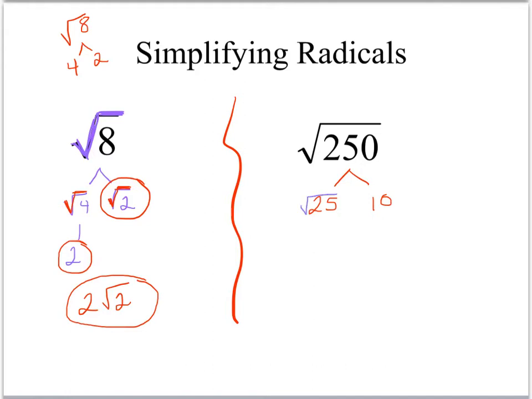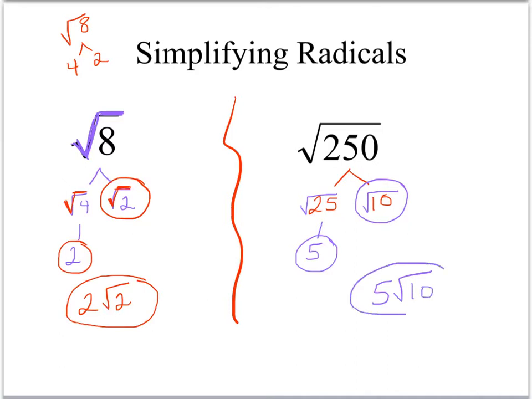Root 25 times root 10 is root 250. So the square root of 25 is, of course, 5. I'm done with it. I no longer have a square root around the 5 because the square root of 25 is a whole number, a positive integer, 5. Square root of 10 has no perfect squares that go into it, so I'm going to leave it alone, and my final answer is 5 root 10.